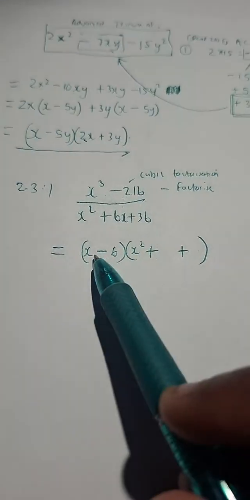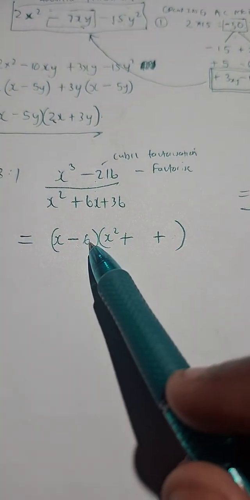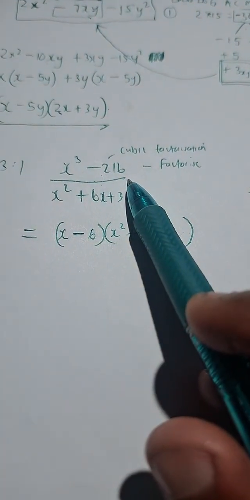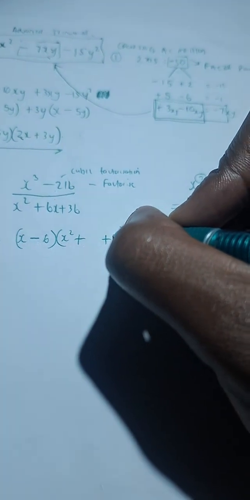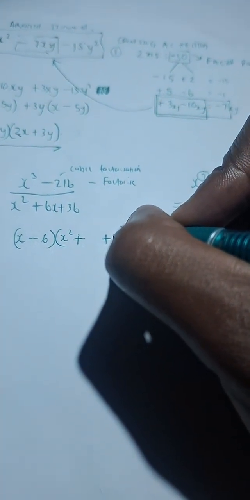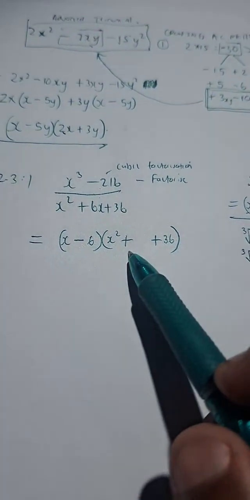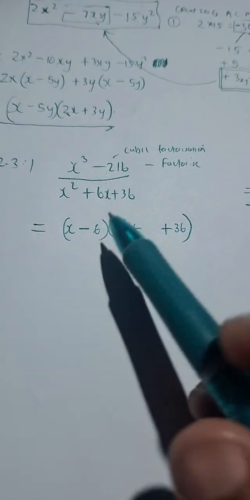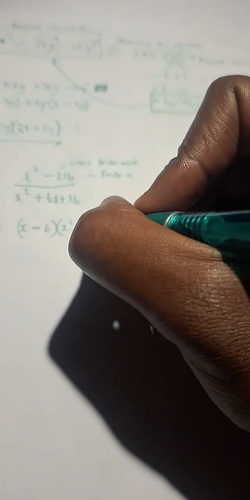We square the first term. 6 times what gives you 216? 36. And to get the middle term, as Cinnamon Girl said in the comment section, simply multiply these two, forgetting about the sign.